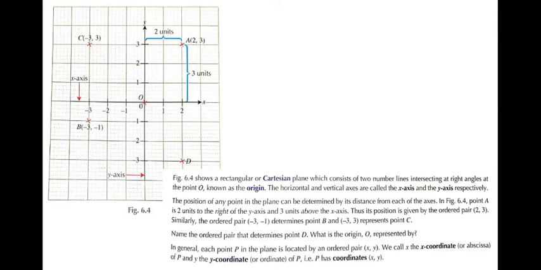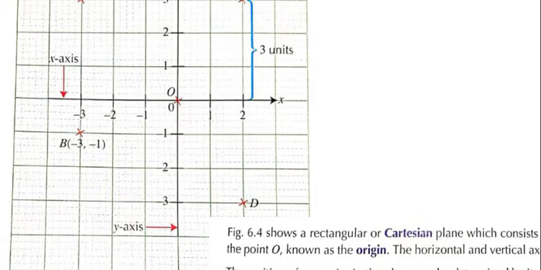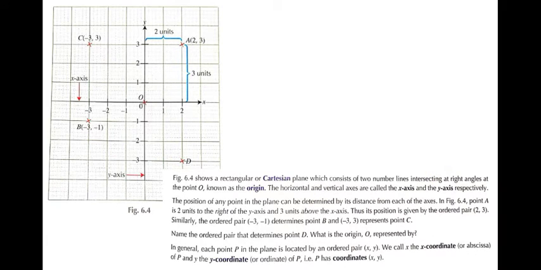All right, so you say that the ordered pair negative 3, negative 1 determines the point B. Let's see, negative 3, yes, the column, and negative 1, the row, yes. So in general, each point P in the plane is located by an ordered pair x,y.